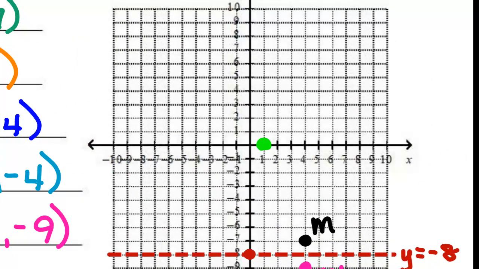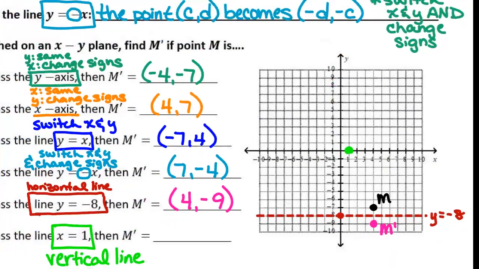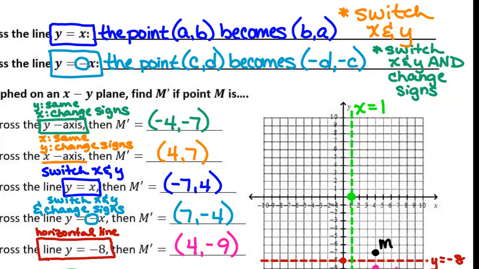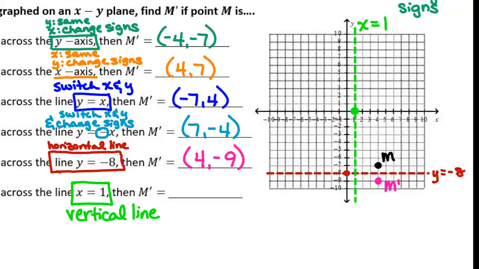That's right here. I'm going to draw a vertical line through that, dashed. That is x equals 1. And we are going to move point M. So this original black point right here, this is what we are reflecting across that green line.